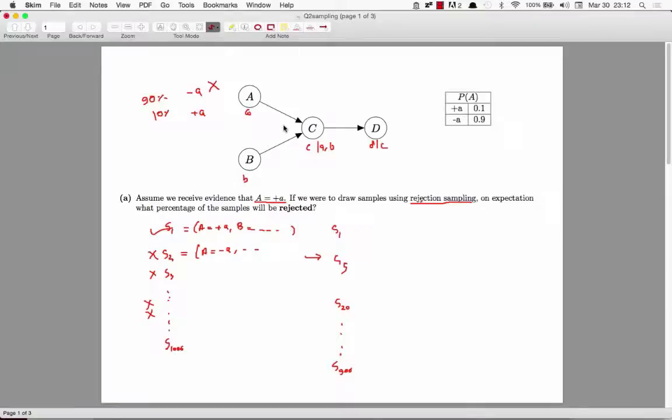There are no other evidence variables, so the only rejection that happens is because of this variable. So 90% of the samples that we generate without looking at evidence have A assigned as minus A, and on expectation only 10% of them will have A as plus A. So on expectation 90% of the samples will get rejected, since 90% of the samples will have the variable A equals minus A in them.